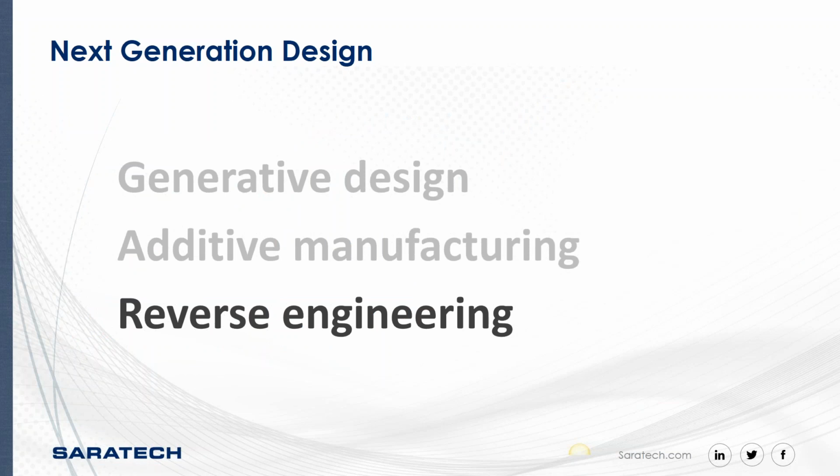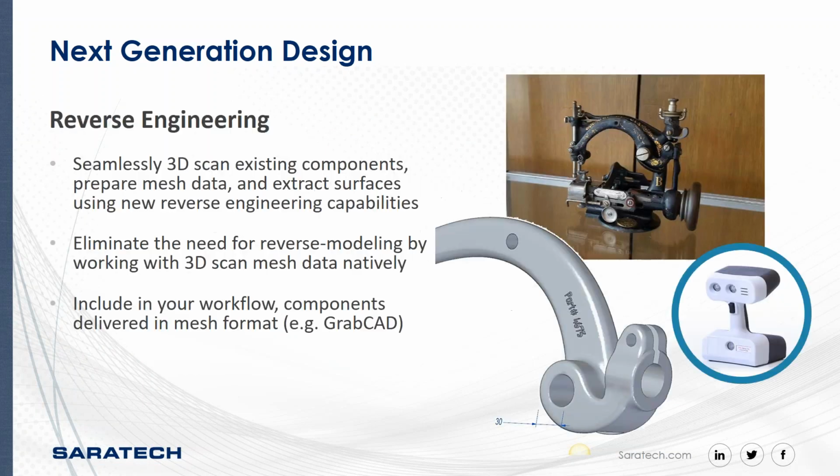So the next thing that we're going to talk about is reverse engineering. We're going to skip a slide right now, and I want to focus your attention on that old sewing machine. It's an old school Bernina sewing machine, a little bit older than the one that Siemens had created.